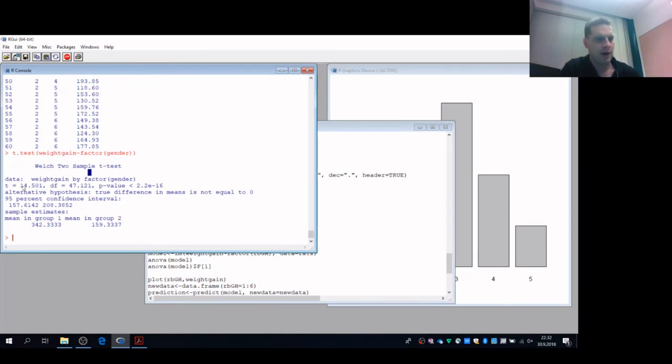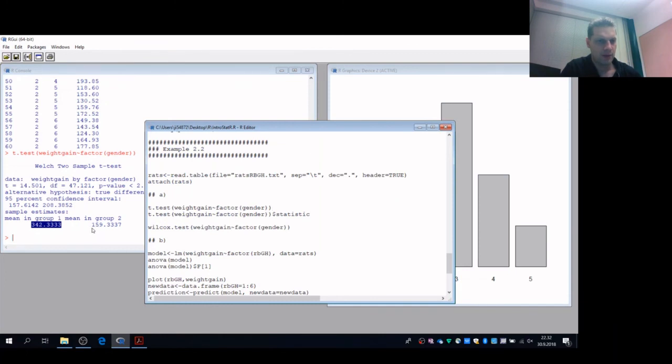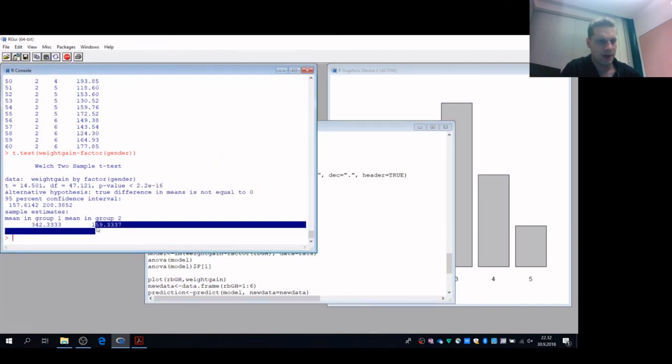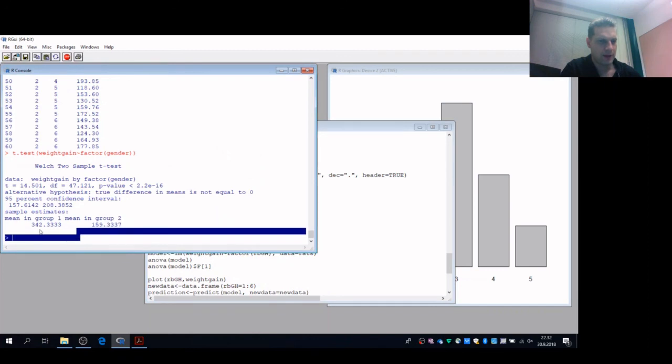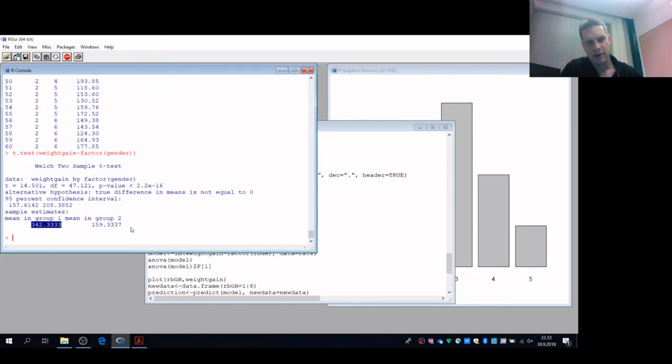So here is our test statistic, which is very large, and the p-value is very small, showing us that yes, in these two groups, group 1 is probably male and group 2 is female, the difference is quite clearly different.